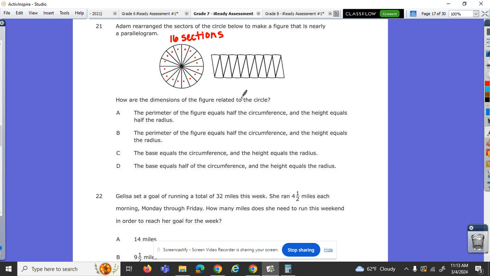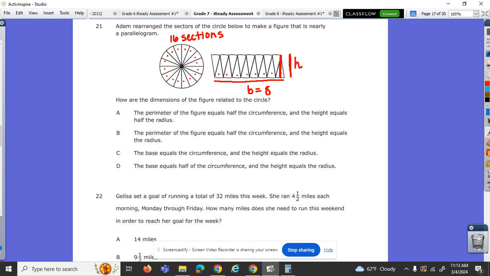If I relate that to my parallelogram, we know that parallelograms have a base and a height. If I look at that, I've got 1, 2, 3, 4, 5, 6, 7, 8 as my base. And do you see how we would technically measure the height of it?